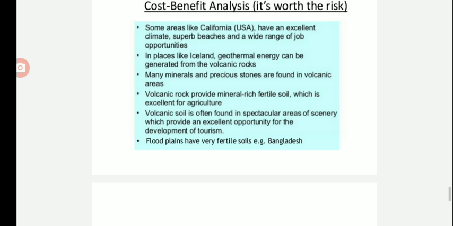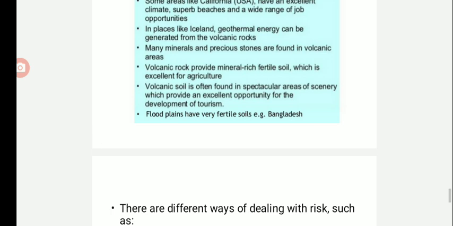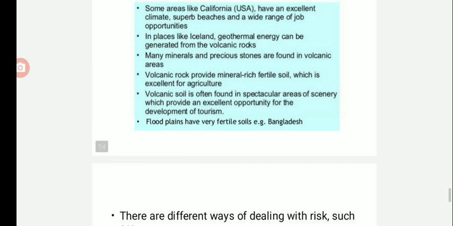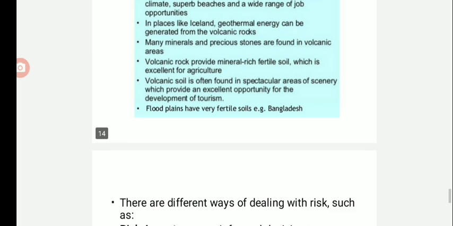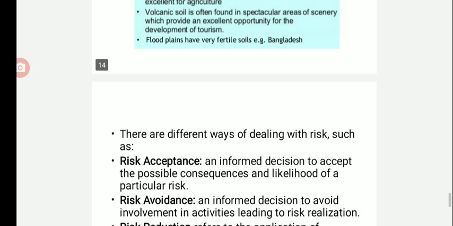Volcanic rock provides mineral-rich, fertile soil, which is excellent for agriculture also. Such areas of spectacular scenery provide an excellent opportunity for the development of tourism. These things help the government improve the economy of that country.